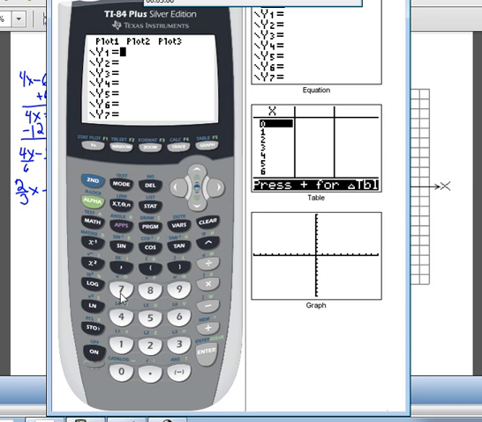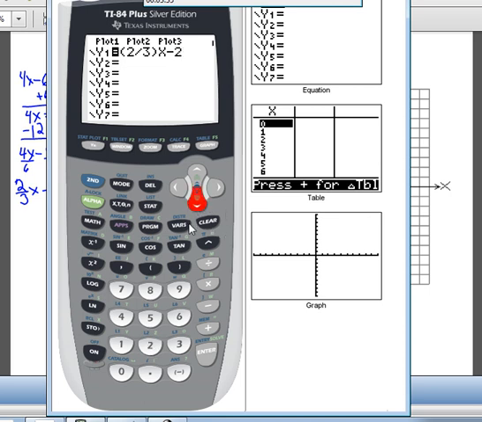So I'll get my graphing calculator. I'm going to type in my first equation, 2/3. You could do 2x divided by 3 if you want, but you're still going to need parentheses for this so you don't get the wrong value for your y.